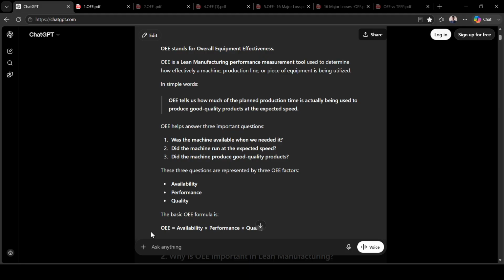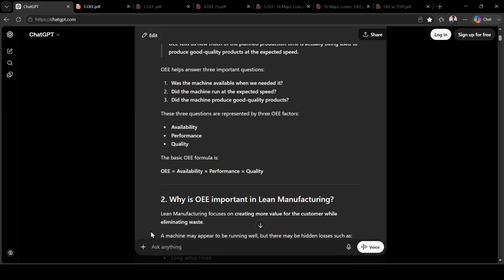These three questions are represented by the OEE factors. In OEE there are three factors: one is availability, second is performance, third is quality. The basic OEE formula is OEE equals availability times performance times quality.